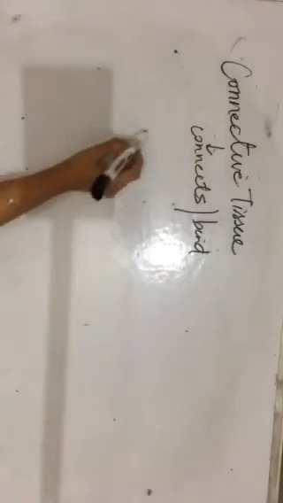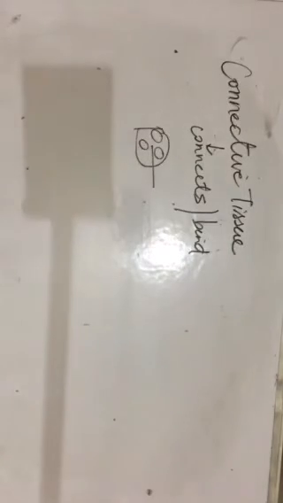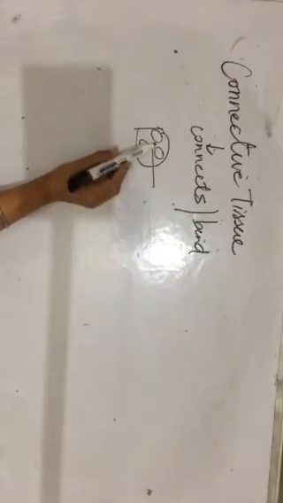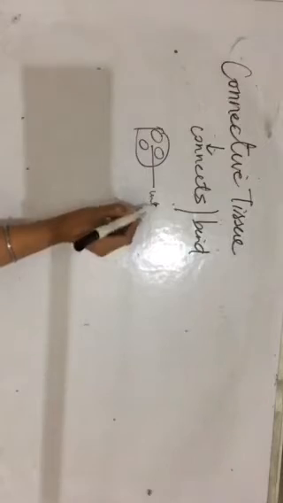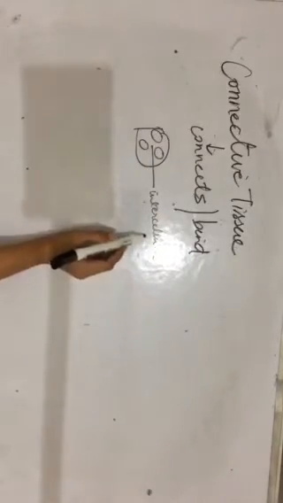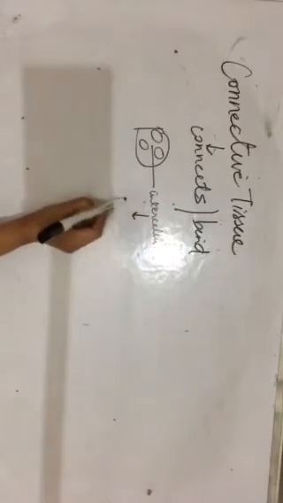Alright? So connective tissue mainly has three things that you should know. Number one is that it has intercellular substance. Now intercellular substance means this. This is intercellular space. These are the cells. The space which is present in between the cells is known as intercellular space. This intercellular space is filled with a substance.